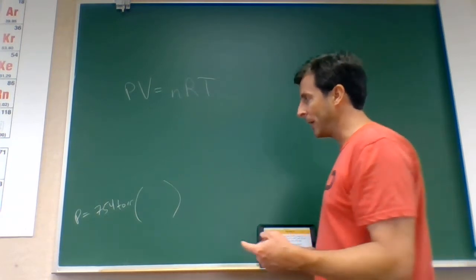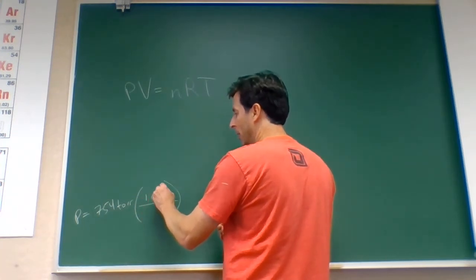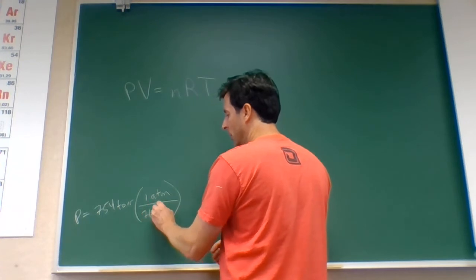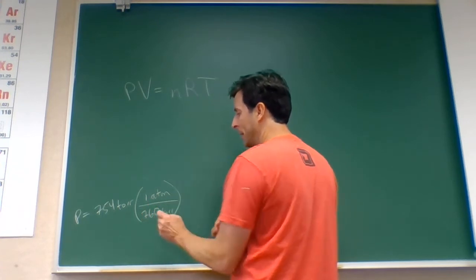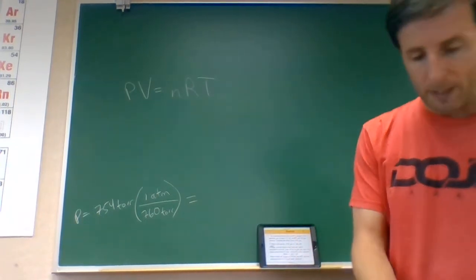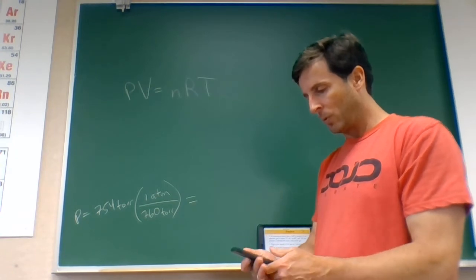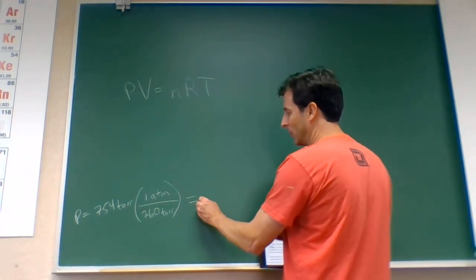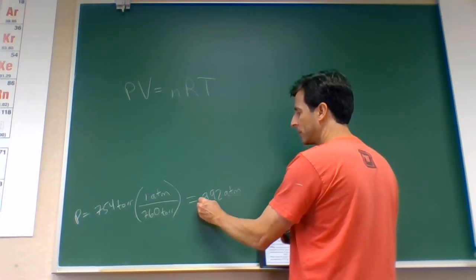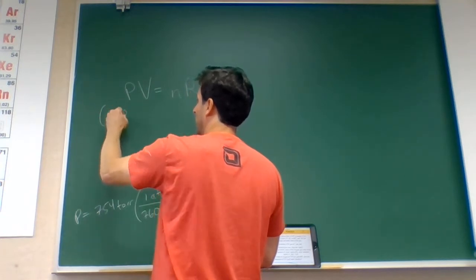So my conversion is 1 atm, normal atmospheric pressure, equals 760 torr or millimeters of mercury. I just divide by 760. 754 divided by 760 equals 0.992 atmospheres. That's the pressure I'm going to plug in for P: 0.992 atm.